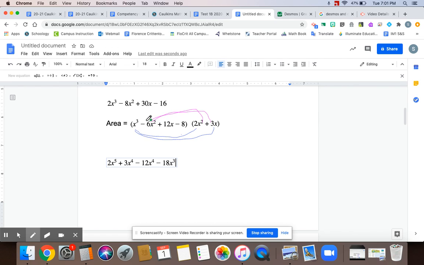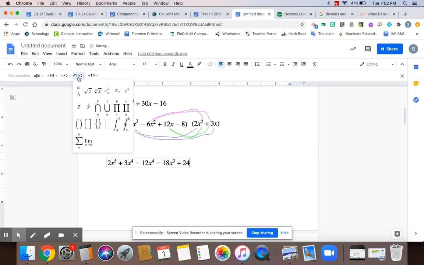Now I'm done with the negative 6x squared. So then I'm going to focus on the 12x and multiply it to both of them. So 12x times 2x squared and 12x times 3x. 12x times 2x squared is 24x to the power of 3. And 12x times 3x is 36x squared.